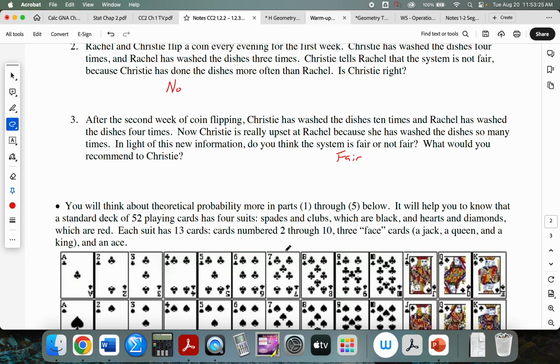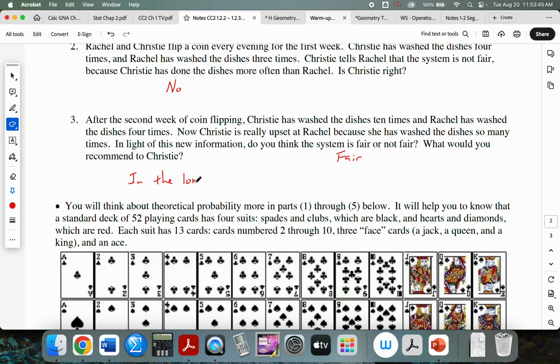From a theoretical standpoint, it's a 50-50 chance. So here's the deal. Although it's kind of one-sided now, what should happen in the long run? It'll even out.